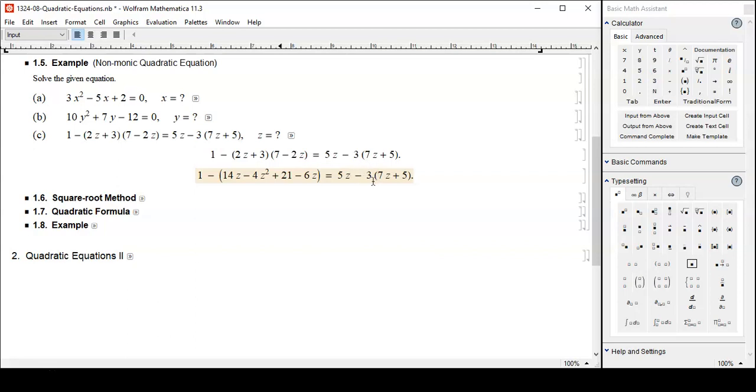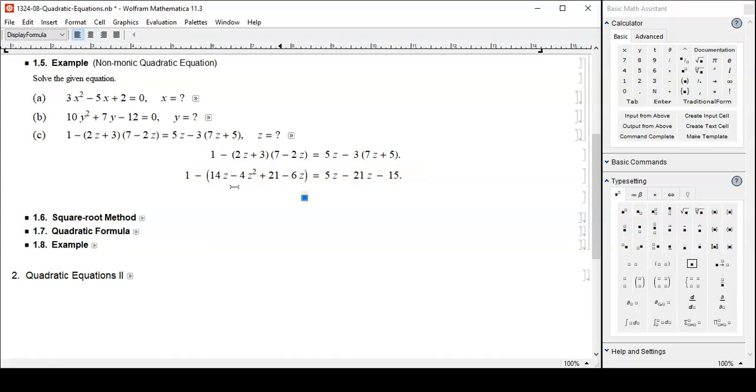Next, breaking up this negative 3, so negative 3 times 7z, negative 21z. And then distributing this negative 3, negative 15. On the left-hand side, 1 minus 14z, and then plus 4z.